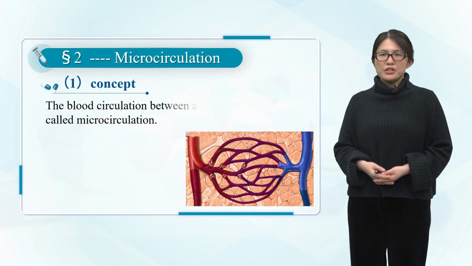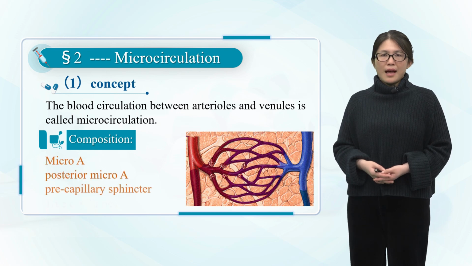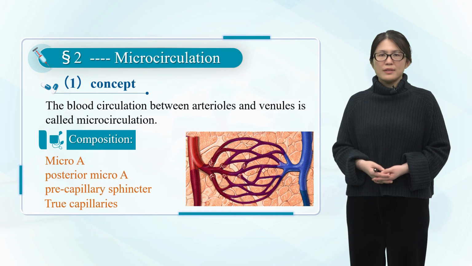The blood circulation between arterioles and venules is called microcirculation, a place for the body to exchange substances and gases with the external environment.